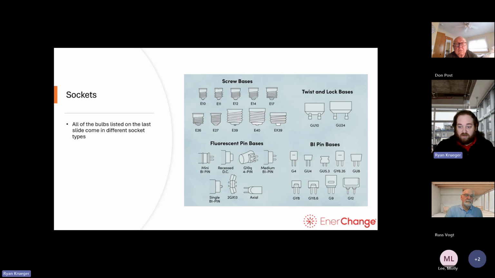Sometimes the bulbs are horizontally mounted, sometimes they're vertically mounted, and then you get into the more specialty applications that are bi-pins of G4, GU4 and G12, where you're not necessarily going to know the socket type until you pull it out, look at the nomenclature, and identify the exact socket type. Because if you're retrofitting fixtures, you're using that existing housing, so making sure you get the socket type right is very beneficial.